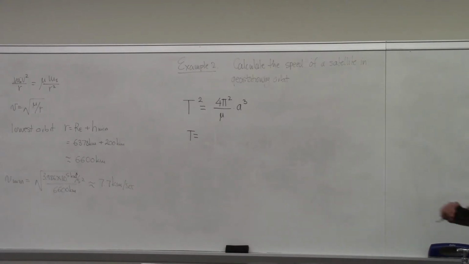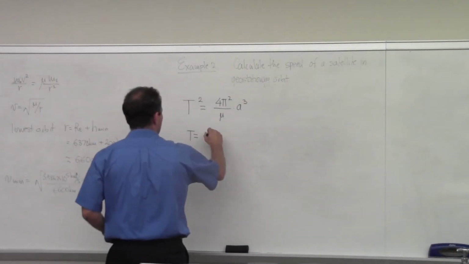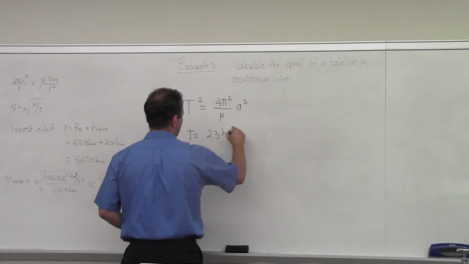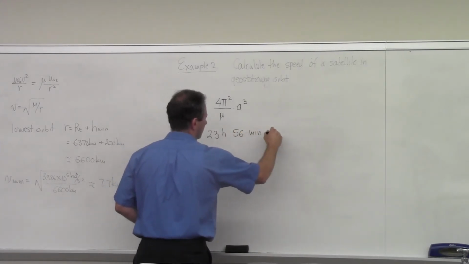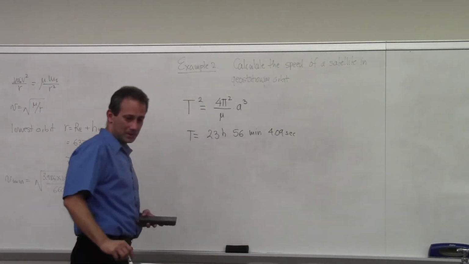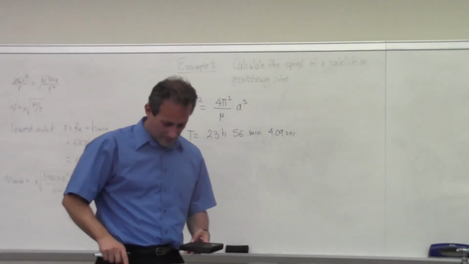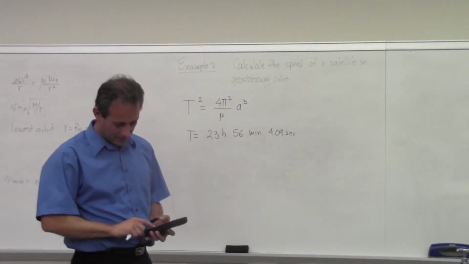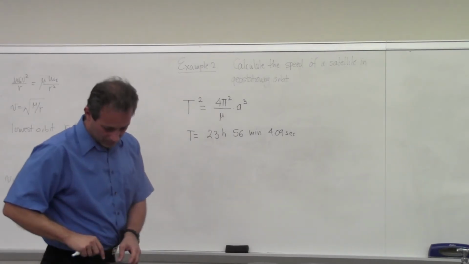So the period: 1 day is 23 hours, 56 minutes, and 4.09 seconds. Right? And for some reason here I have 24 hours. So it might be a typo, or it might be that I just did calculations with the wrong number.